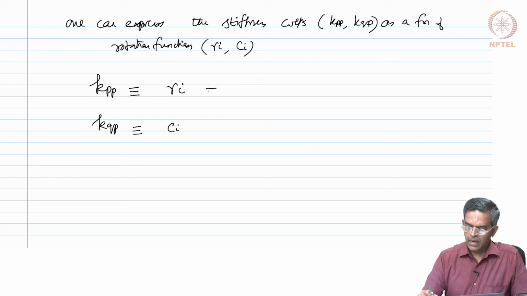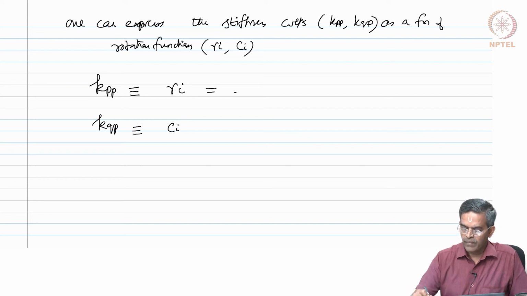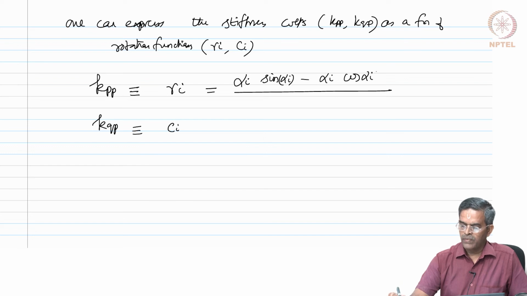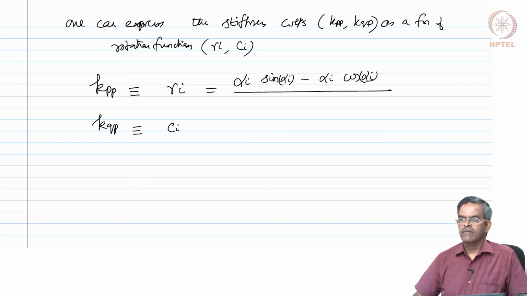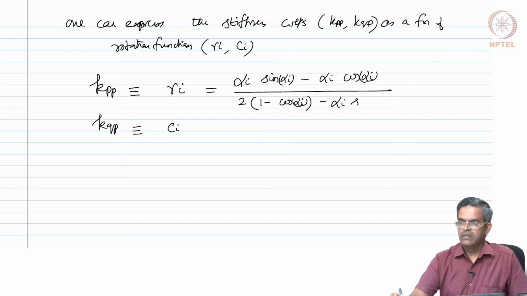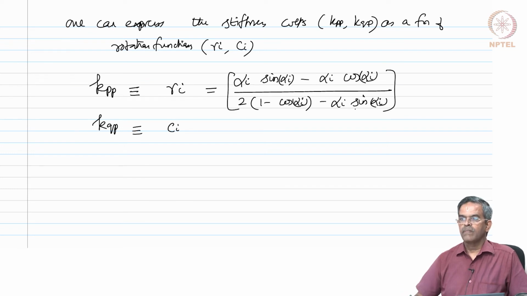So which I say Ri will be equal to alpha I sin alpha I minus alpha I cos alpha I by twice of 1 minus cos alpha I minus alpha I sin alpha I. Okay.